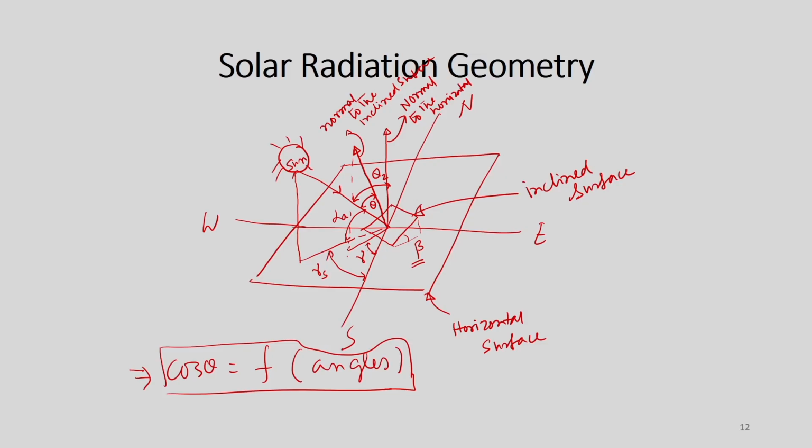Also for your understanding, this is the zenith. So these are the different angles involved. Beta is the slope, theta z is the zenith angle, theta is the incident angle, alpha is the altitude angle, gamma s is the solar azimuth angle, and gamma is the surface azimuth angle.